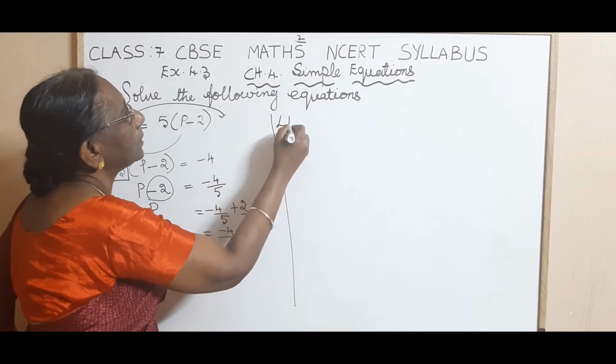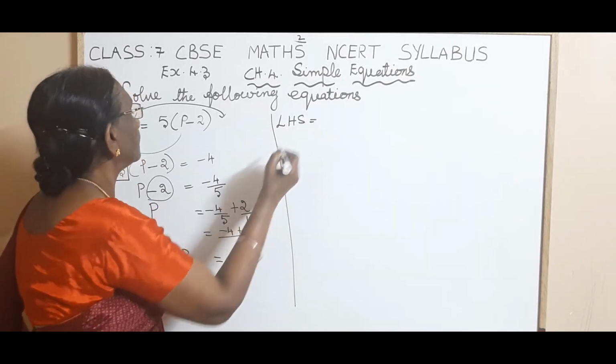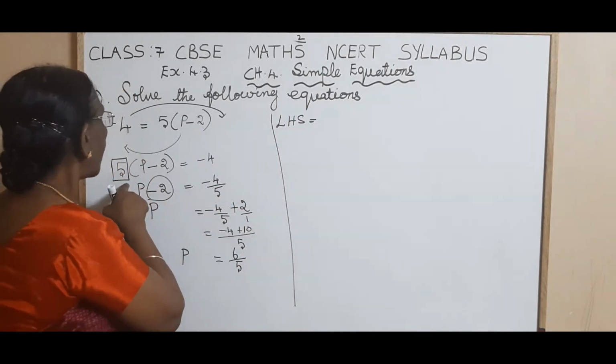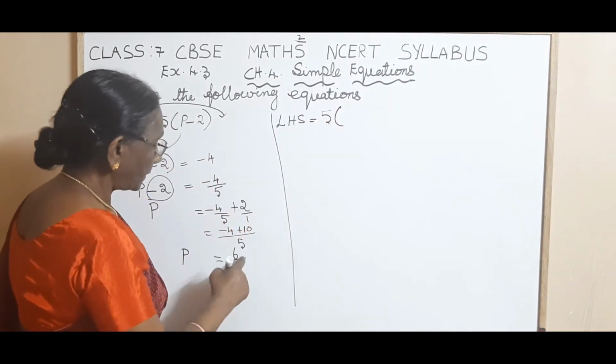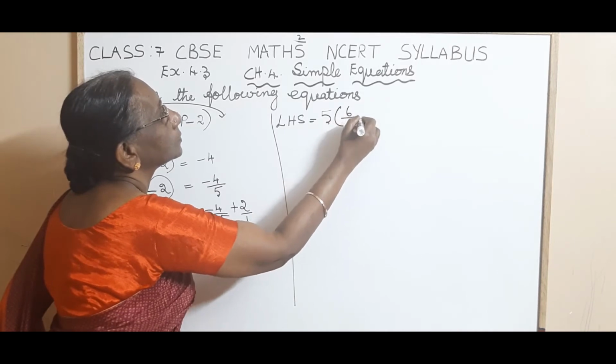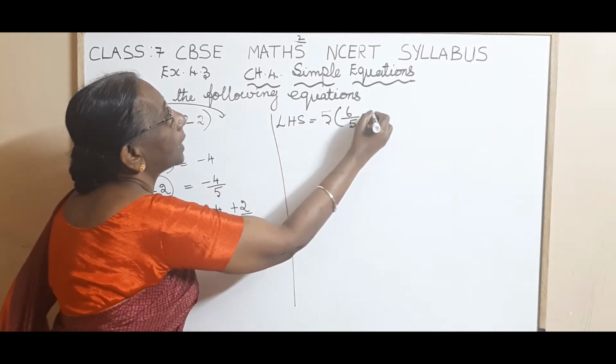For that, LHS is equal to 5 into P, which is 6 by 5, minus 2.